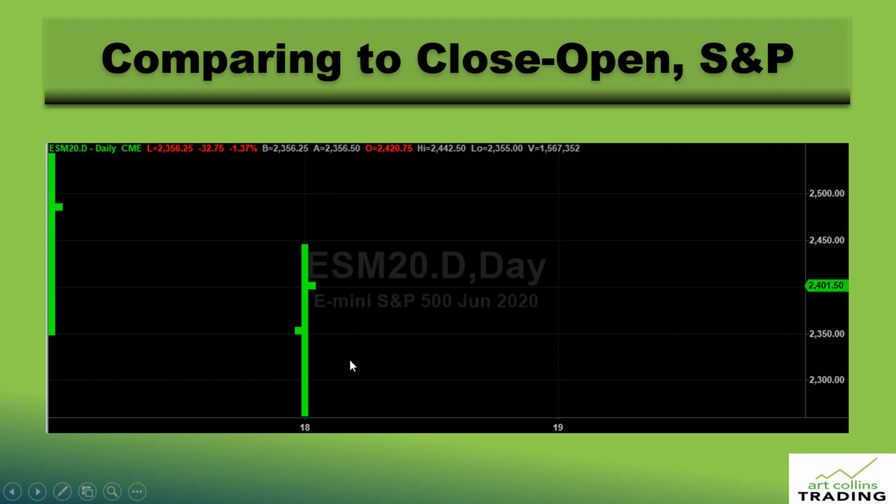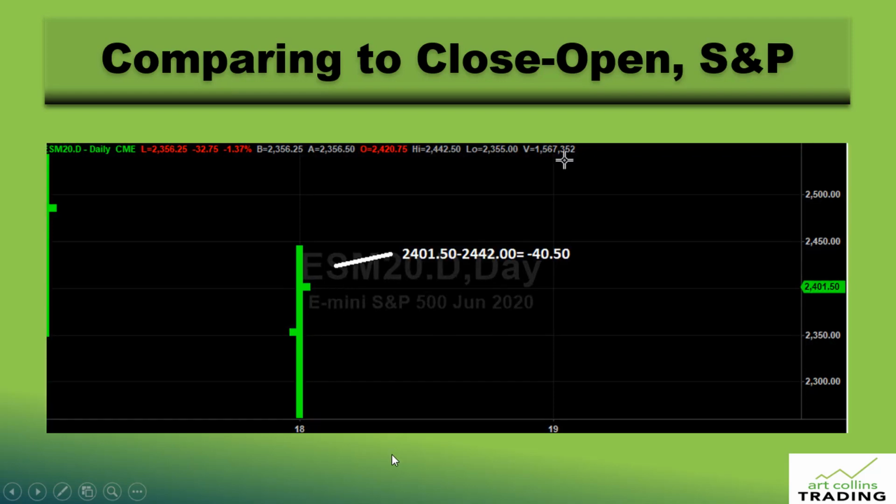Daily bar, day session only. We compute this value. The close, 2401.50, minus the high, 2442, equals negative 40.5. Then we do the close minus open. That's 2401 again, minus 2353. Gives us a value of 48.50.